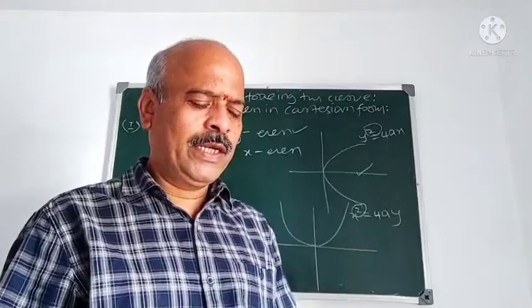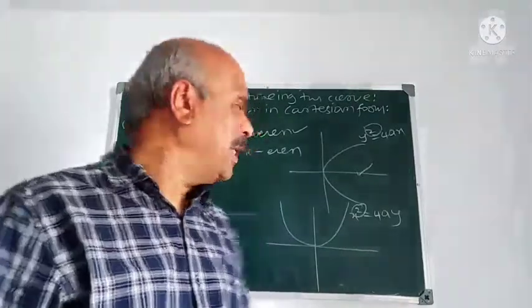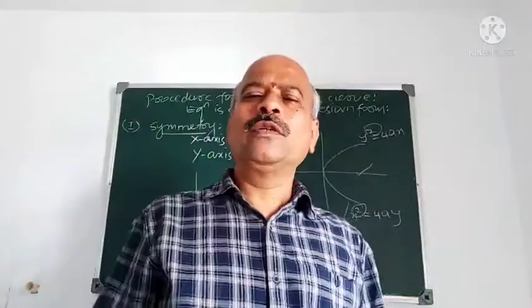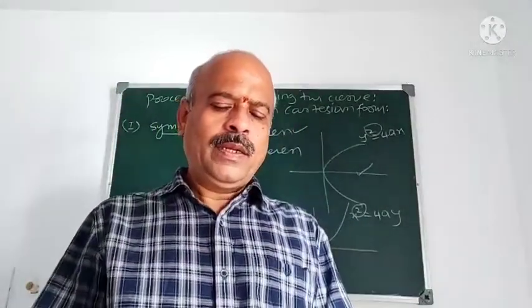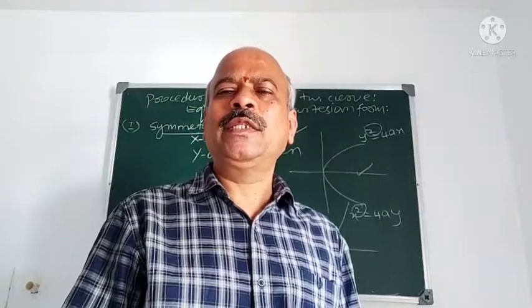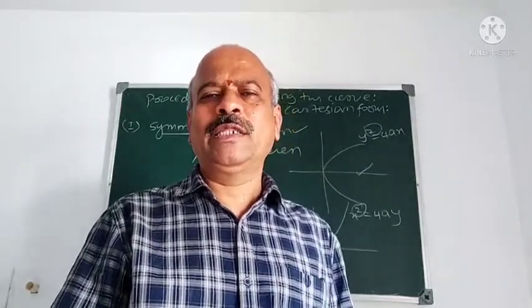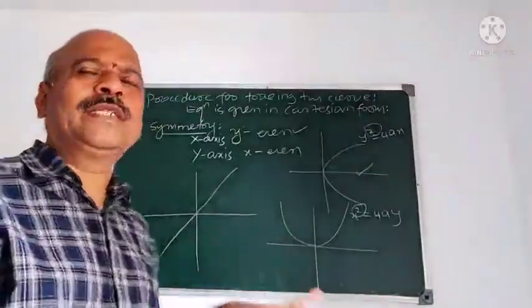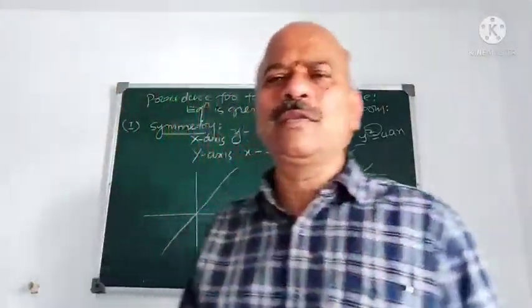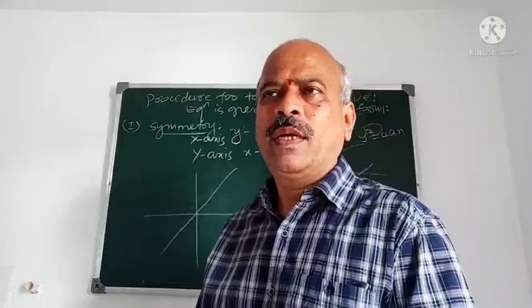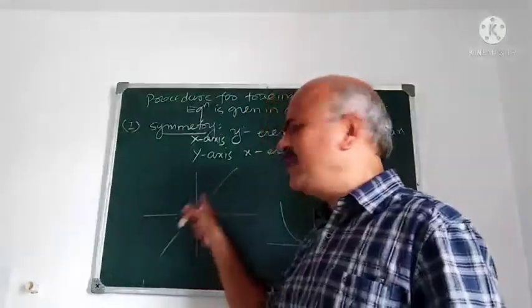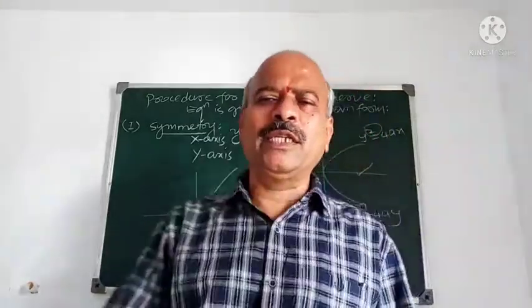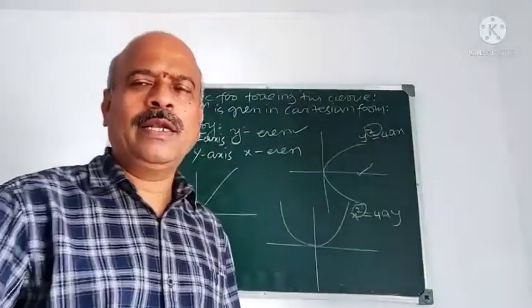And it is symmetric about the line y is equal to x if the equation remains unchanged when x and y are interchanged. Symmetric in the opposite quadrant if x is changed to minus x and y to minus y and the equation remains the same. And symmetric about the line y is equal to x if x and y are interchanged and the equation remains unaltered.